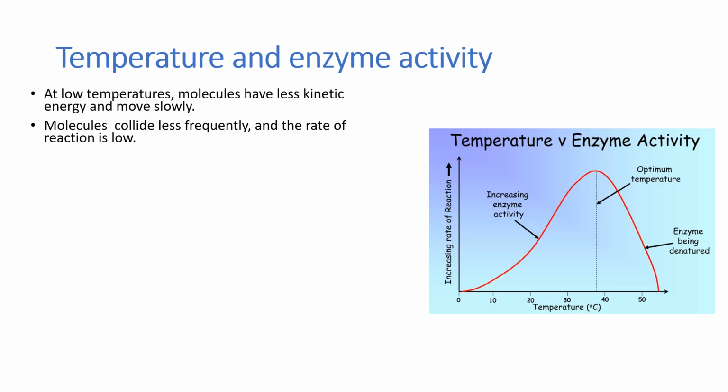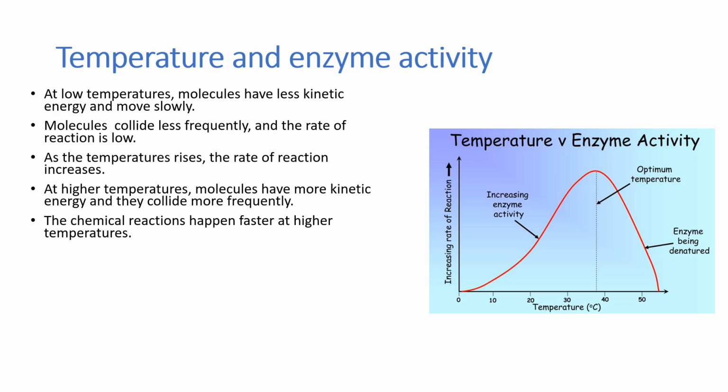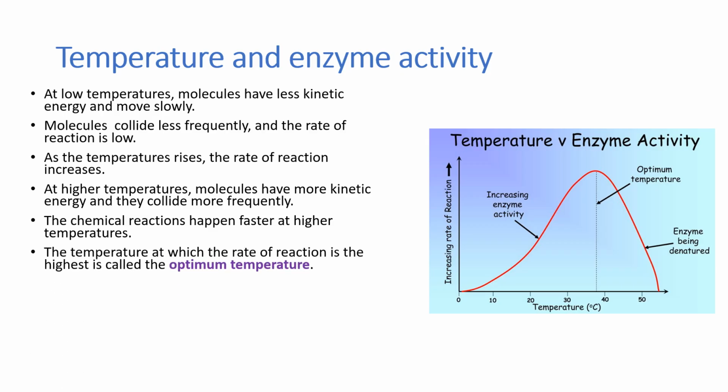Molecules collide less frequently and the rate of reaction is low. As the temperature rises, the rate of reaction increases. This is because at high temperatures, molecules have more kinetic energy and they collide more frequently. Then the chemical reactions happen faster at higher temperatures.